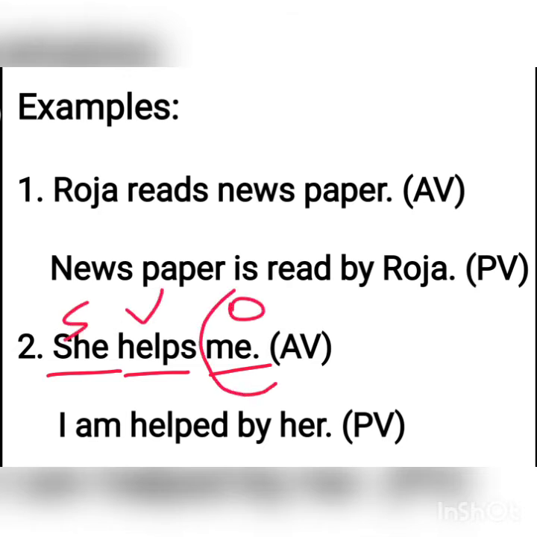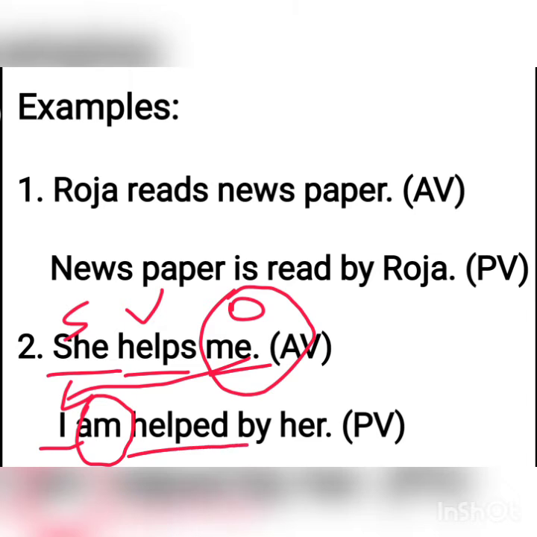The object will become the subject of the passive form. So me changes into I. After I, we should use the auxiliary verb form am. After that we should write the past participle verb form helped. After that we should use by, and later the subject of the active voice she changes into her in the passive voice.